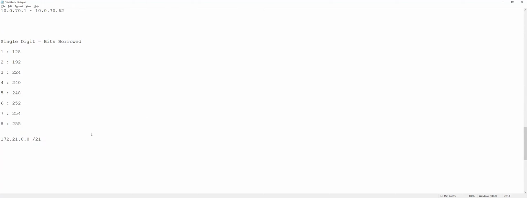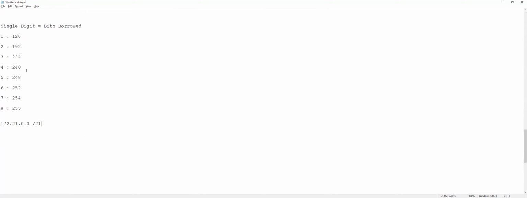All right. So the technique that we use is this. 21, so that's a class B, right? So obviously starting from 16, that's 5 bits borrowed. So the 5 bits borrowed immediately gives 255.255.248.0.